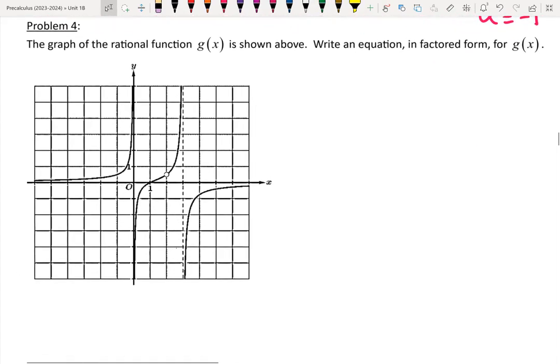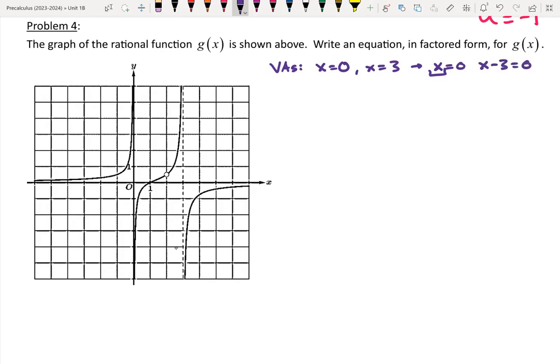Let's find each of those key pieces of information. It looks like we have two vertical asymptotes, happening at x equals 0 and x equals 3. So that would give us the factors x equal to 0, just x, and then x minus 3 equal to 0.